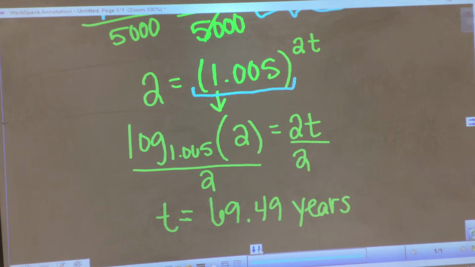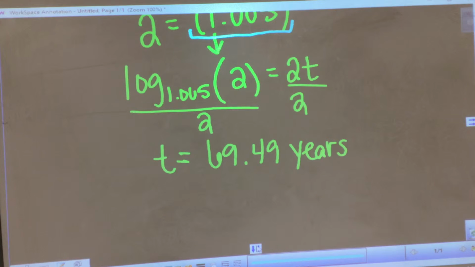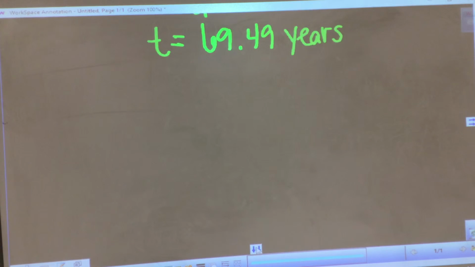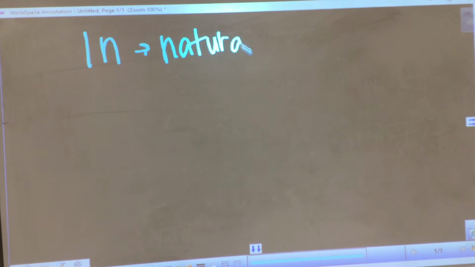Okay, there's one other thing we need to look at with logs, and it's the natural log, ln. It just means the natural log. And this is just a special log that has a base of e.